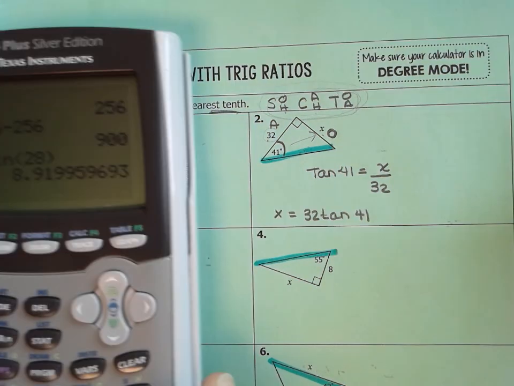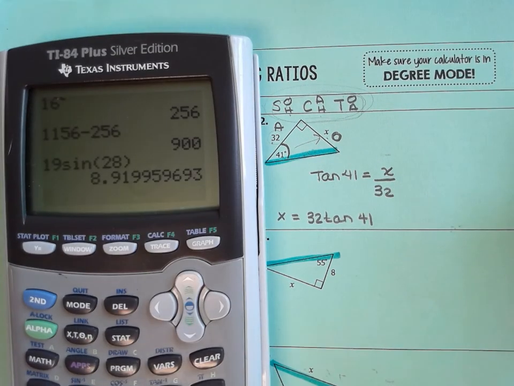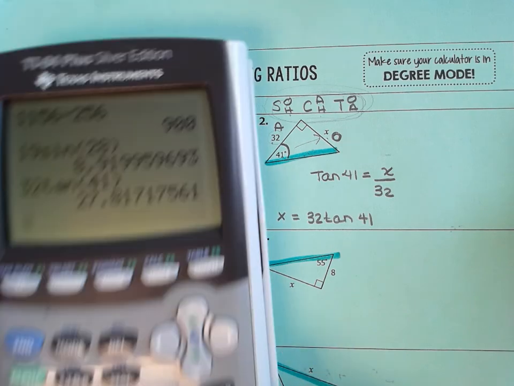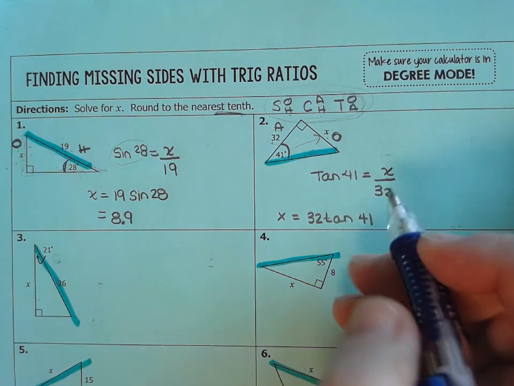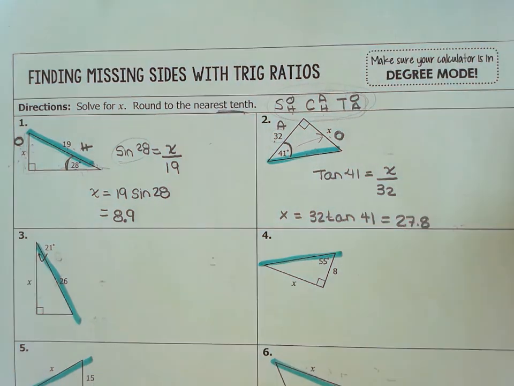So again, I put that in my calculator. 32 times the tangent of 41 degrees is 27.8. Unless it's a Pythagorean triple, you're never going to get a really pretty measure. So just always round to the nearest tenth.